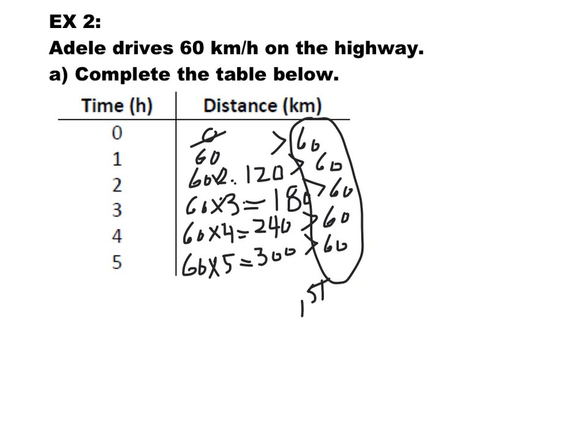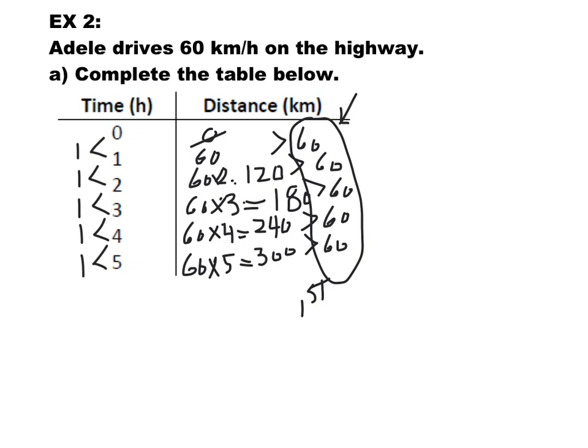We do the same thing with the time, with the x values. 1 minus 0 is 1, 2 minus 1 is 1, 3 minus 2 is 1, 4 minus 3 is 1, 5 minus 4 is 1. When the first differences are the same, we say that this is a linear equation. So obviously, the distance of Adele from the origin is represented by a linear equation.